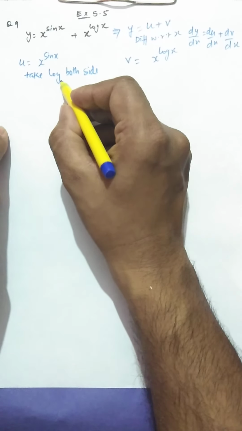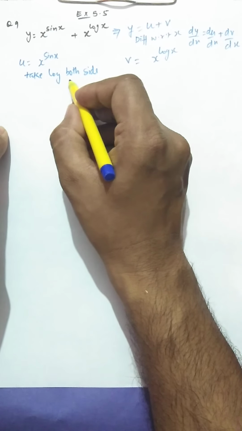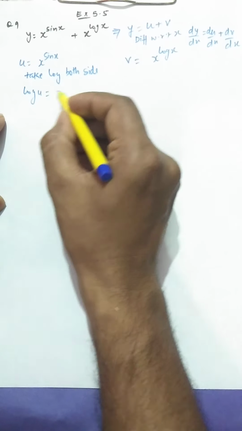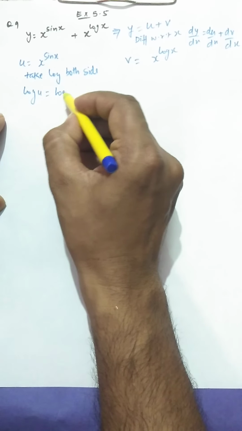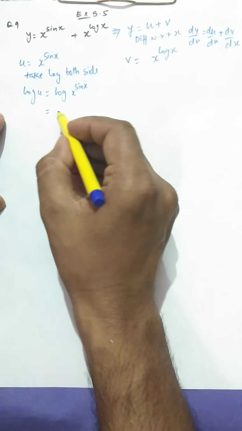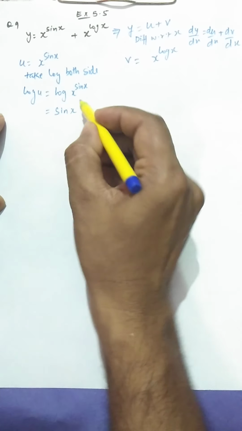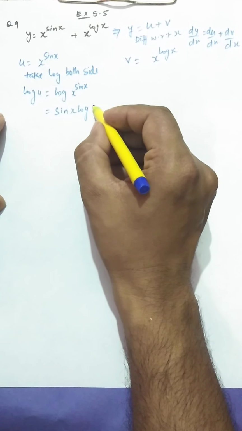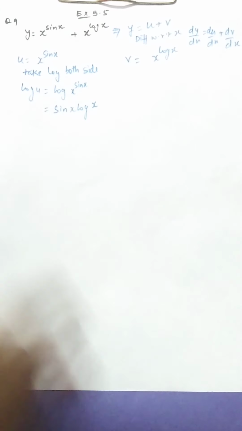Whether you mention e here or you don't mention, it is the same thing. So this will become log u, which is log x sin x, and when you write this using the property of log, it becomes sin x log x, and x is positive here.